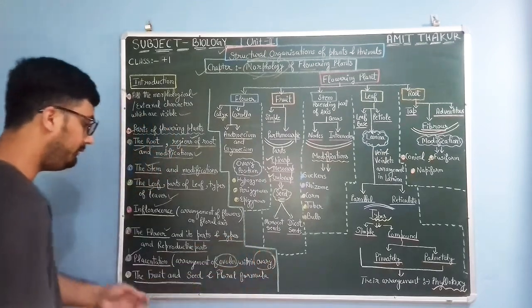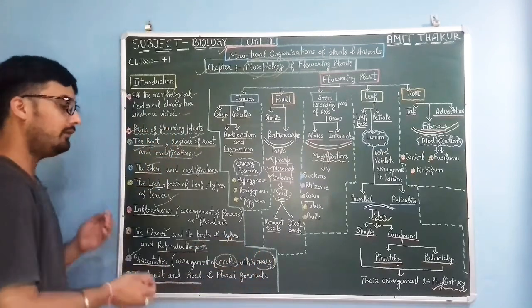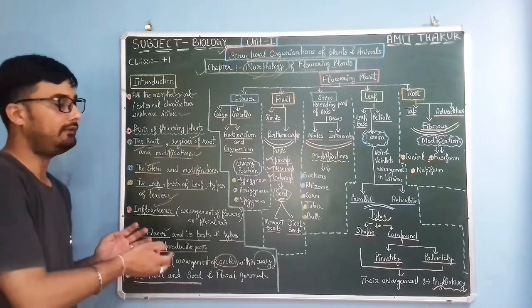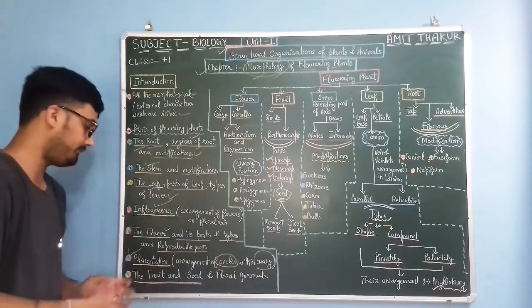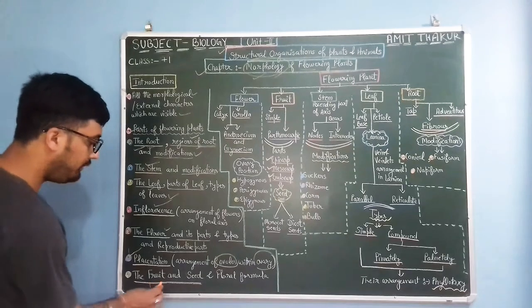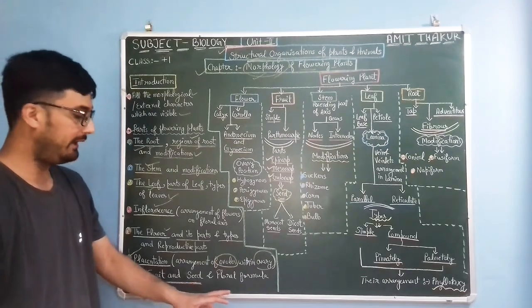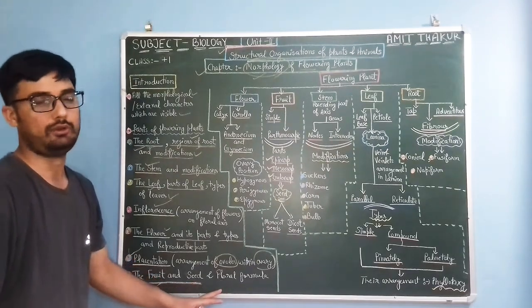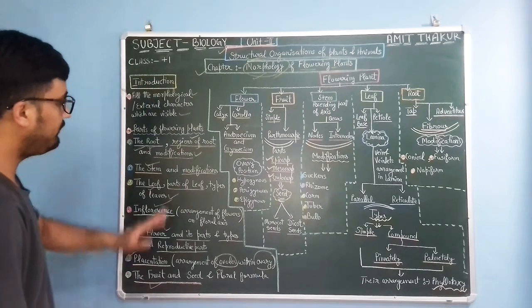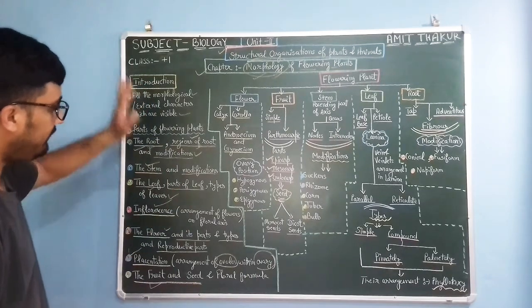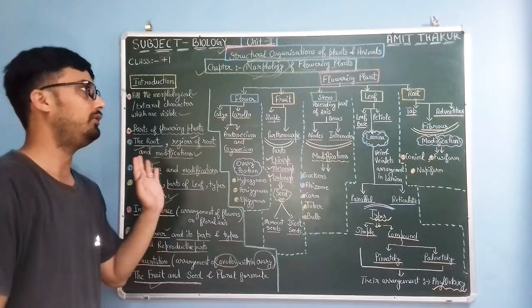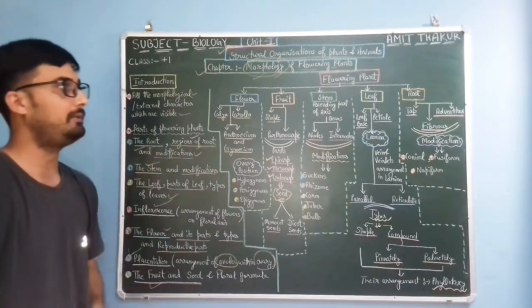On the basis of the arrangement of ovules within the ovary, there are certain types of flower. Then the fruit and the seed, and at last floral formula. All of these topics we're going to discuss in this chapter of Morphology of Flowering Plants.